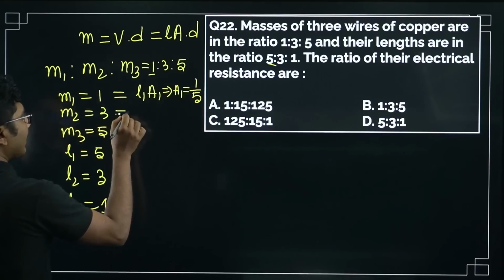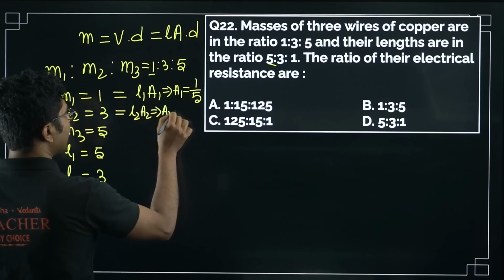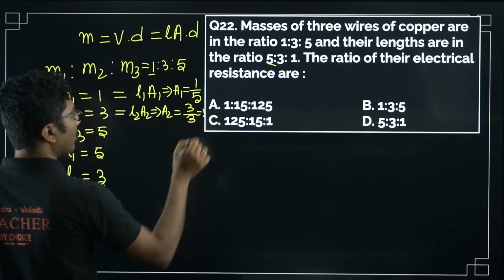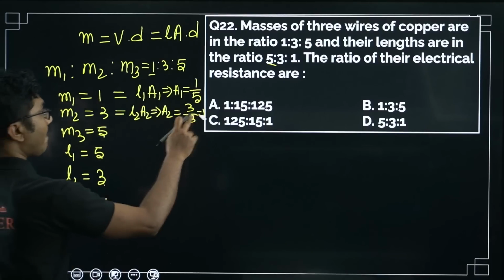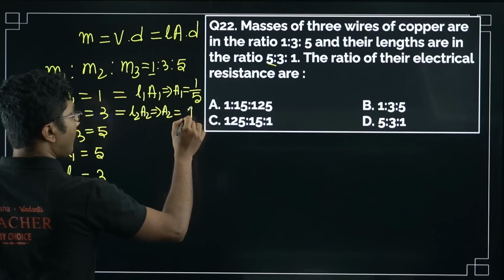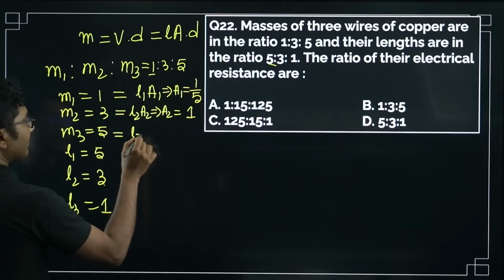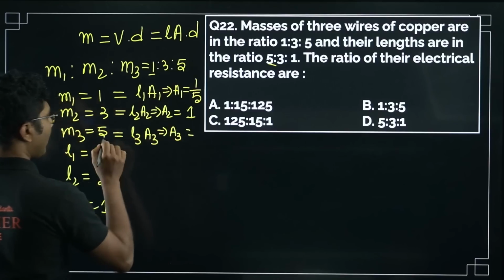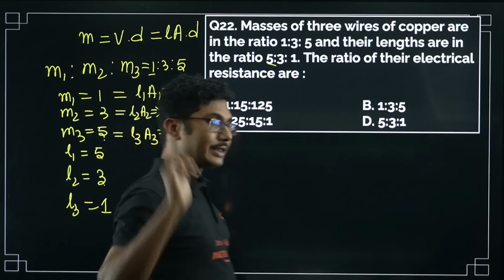For M2 = L2 A2, A2 is 3 by 3, which equals 1. Now what is M3? M3 is L3 A3, so A3 is 5 divided by 1, so it is 5. So we have calculated the areas.